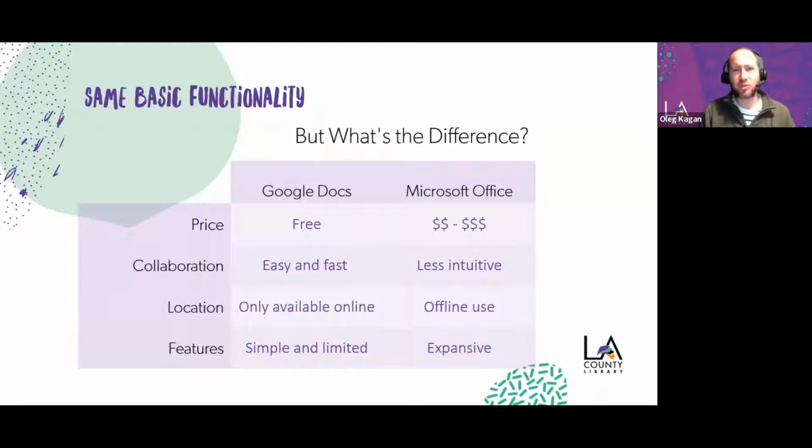And so slightly less intuitive, even though it's very possible. And I, for one, use Microsoft Office as a collaboration tool pretty much every day at work. So though less intuitive, no less feature rich.